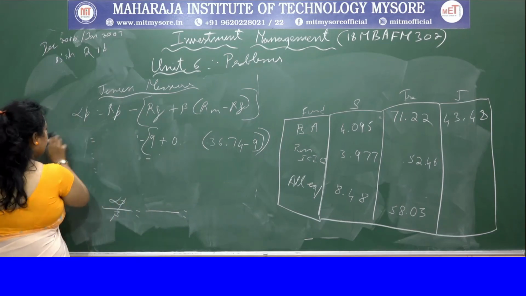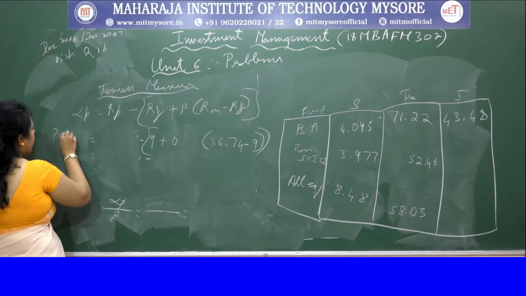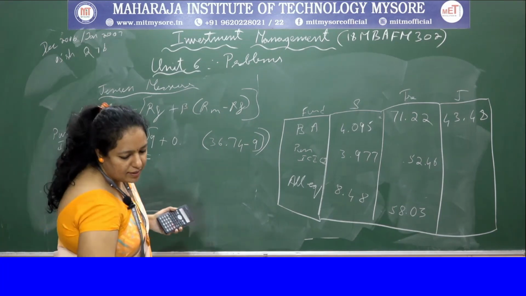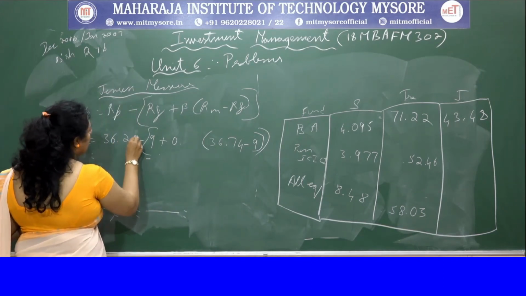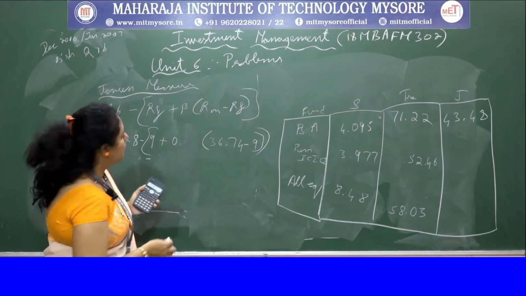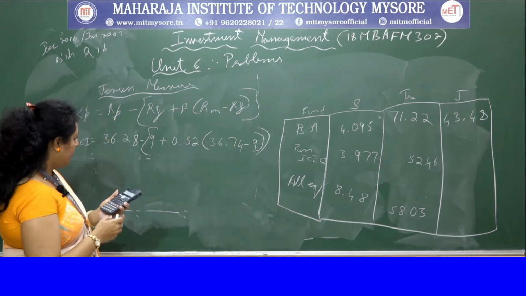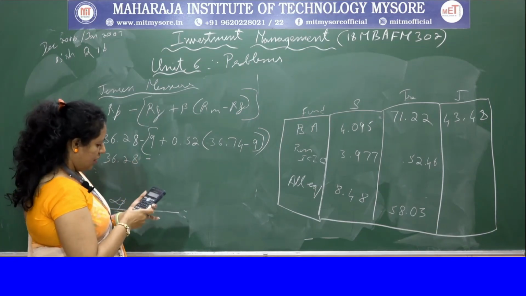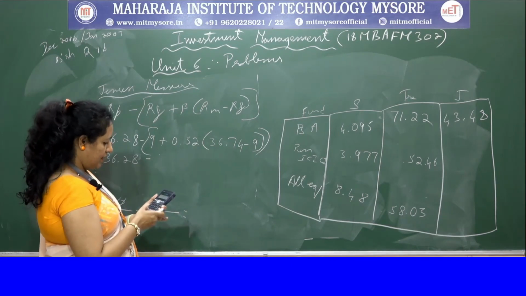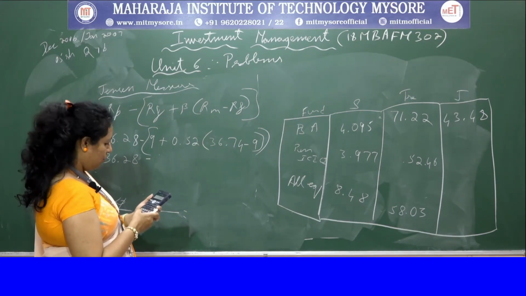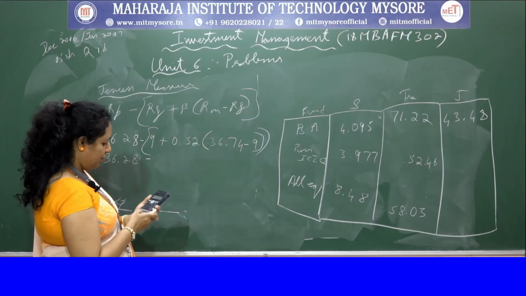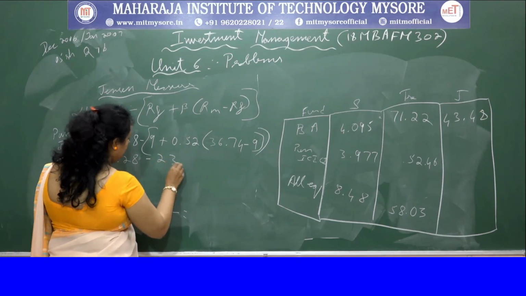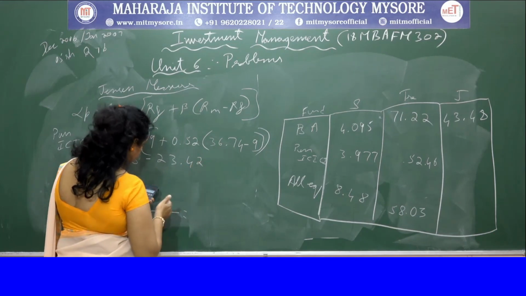Okay, let's go to the second one, which is Prudential ICICI. Okay, Rp is 36.28. Okay, and beta is 0.52. Let's calculate. 36.74 minus 9, you get 27.74 into 0.52, you get 14.44 plus 9, you get 23.42.